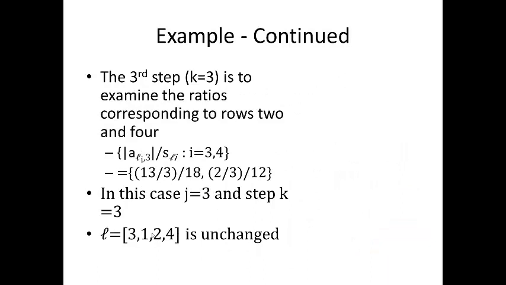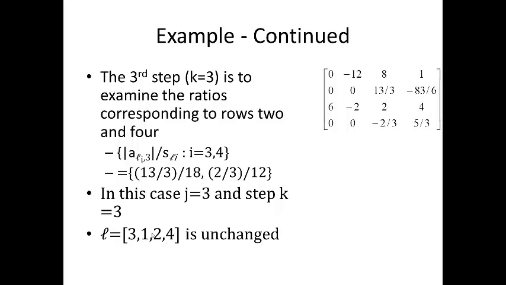Okay, repeat a similar process for the third step. And again, we're going to examine the ratios corresponding to rows 2 and 4 because that's what's left in our index vector. And here we have 13 over 3, that's over 18. Again, we're using the same scale vector from before.